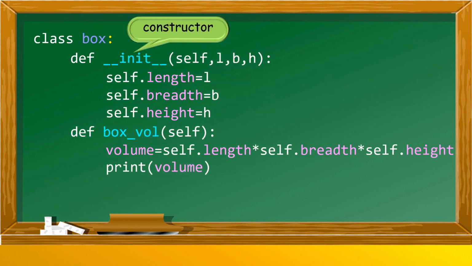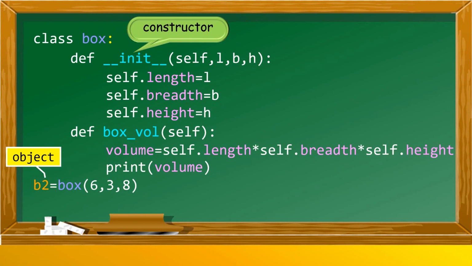Now, if I create another object B2, B2 is equal to box 6, 3, 8. Now, as you know already, as soon as you create an object, the constructor gets executed.